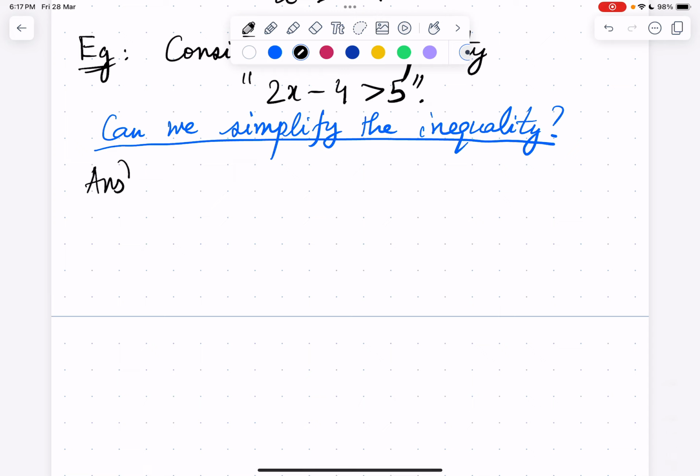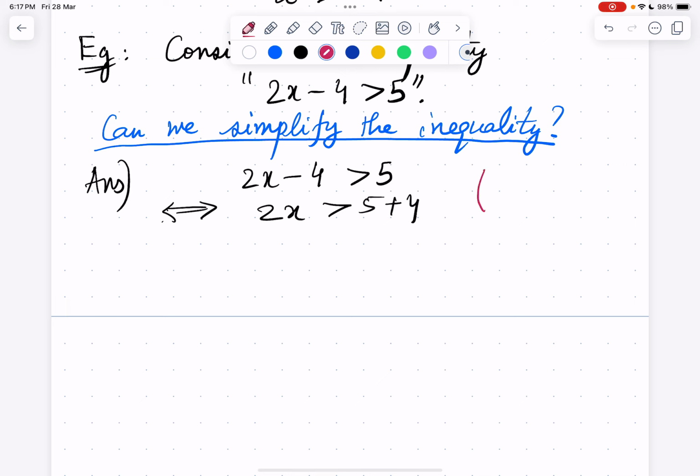So this is straightforward. 2x minus 4 is greater than 5. This can be rewritten as 2x is greater than 5 plus 4. So to go from here to here, this is by adding 4 both sides.